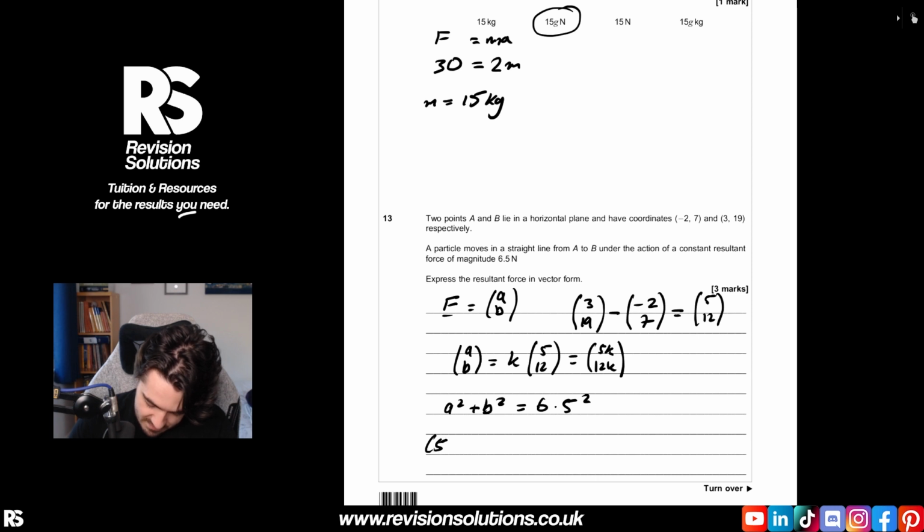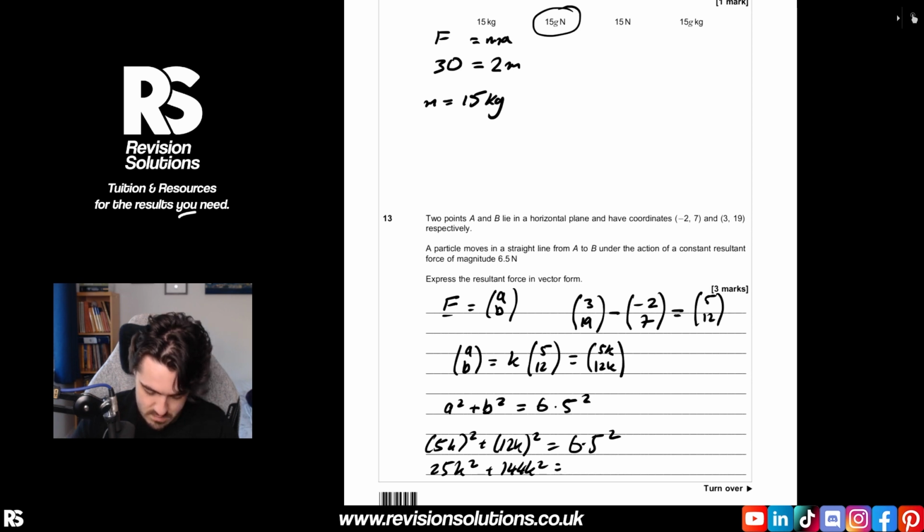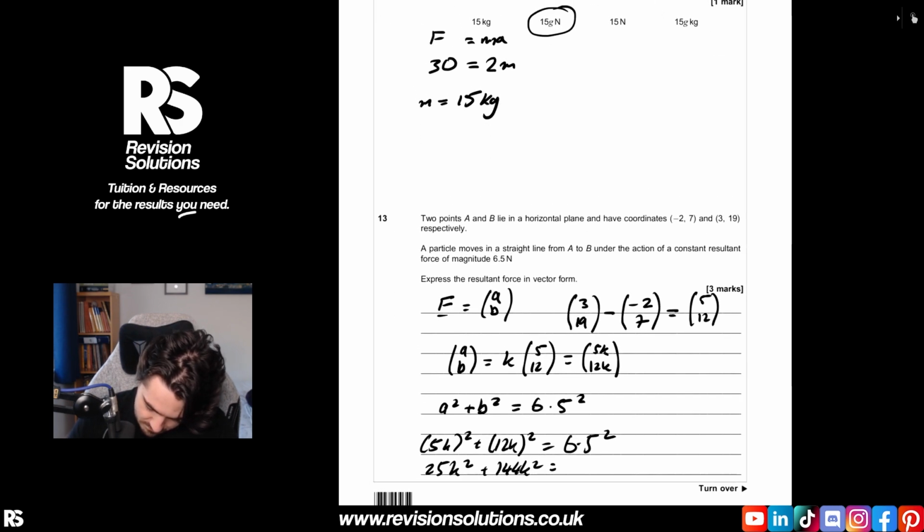So we'd have 5k squared plus 12k squared would equal 6.5 squared. So simplifying that down, we'd get 25k squared plus 144k squared would equal 6.5 squared, which is 169 over 4.